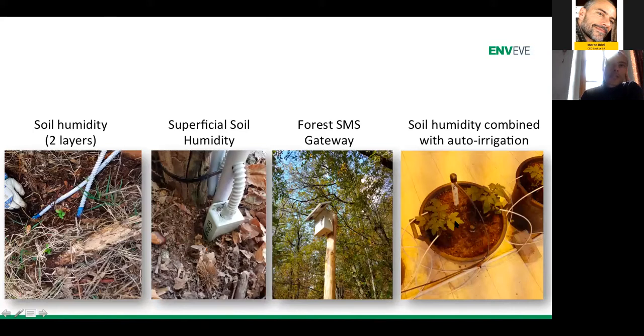So, for instance, if you have a rainy day and the pattern would tell you, okay, this is time to irrigate, that wouldn't work.